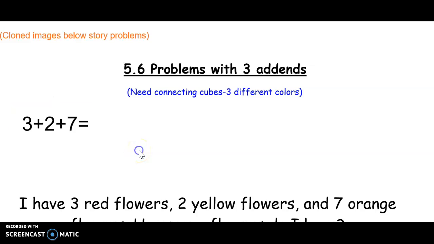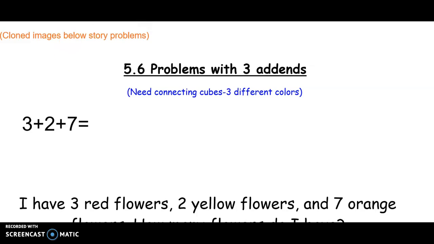First way, and I think the way that will benefit you most in the future, is looking for any numbers that can make a 10 for you. Are there any 10 partners in here? Remember that 10 partners would be 1 and 9, 2 and 8, 3 and 7, 4 and 6, and 5 and 5. Do you see any partners like that in there?